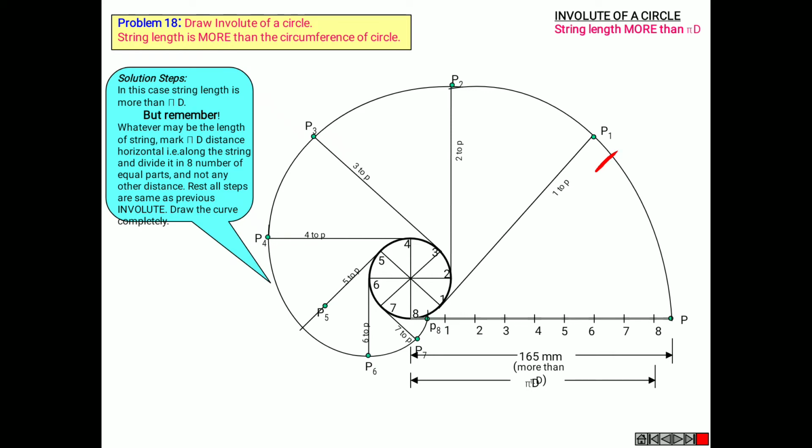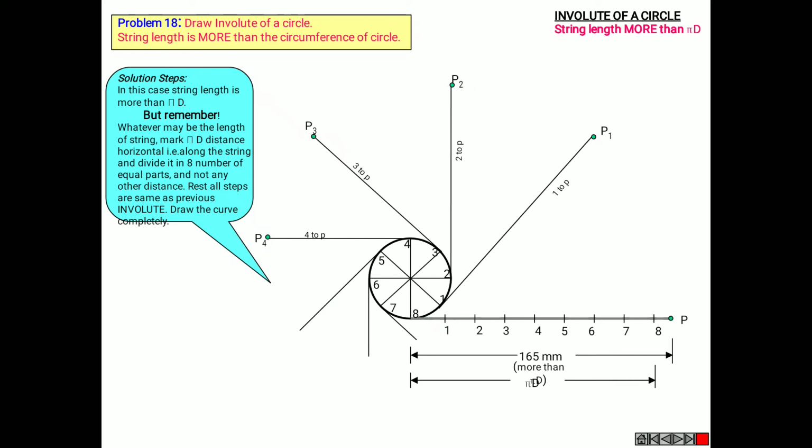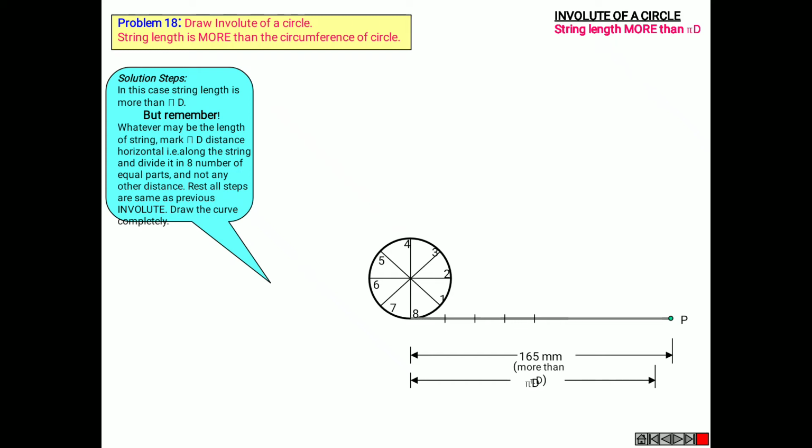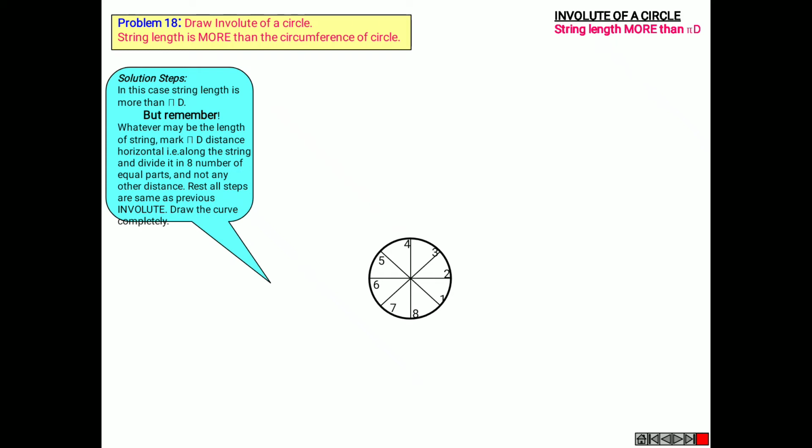So shall we see it again? Draw a circle, divide it into 8 equal parts, and mention the points in the anti-clockwise order.